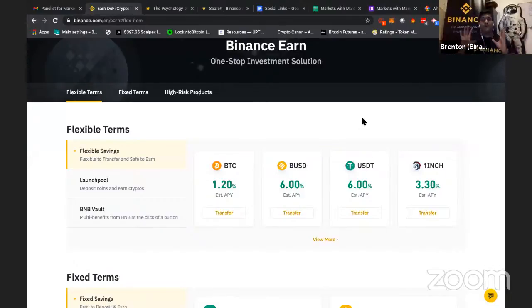So if you don't want all the risk of crypto, instead of holding rands, you can hold dollars and earn 6% a year, and your interest gets paid out to you weekly in dollars. So you have dollars, you earn interest in dollars, and it's available to you whenever you want. If I decide now that I need to pay a bill with this, I can convert it to ZAR and withdraw it to a bank account, whatever it may be. So there's no lockup period here. And this is Binance Flexible Savings.